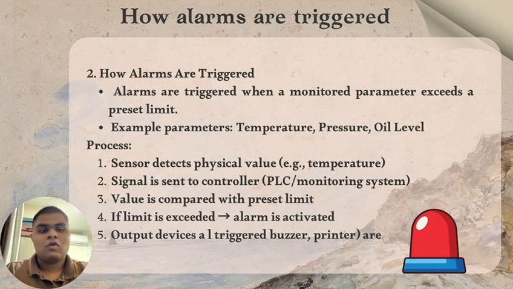If not, the alarm will not be triggered. Finally, output devices such as buzzers, lamps or alarm printers alert the operator. These processes ensure that any abnormal condition is detected quickly, allowing immediate action to prevent further damage or danger to the crew or the ship.